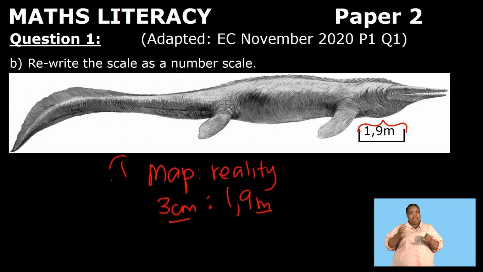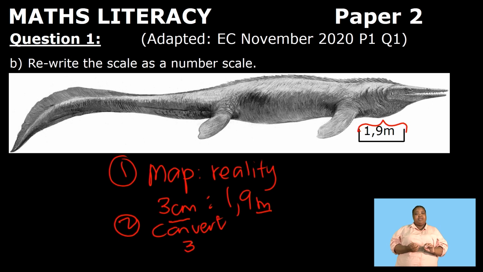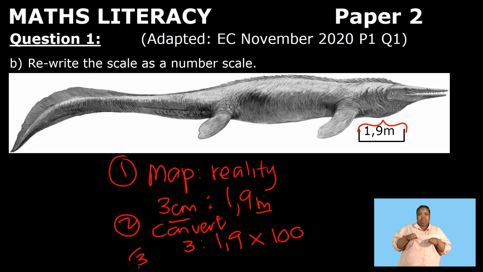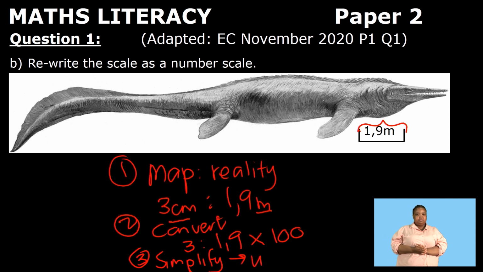So first we're going to write map to reality, then we are going to convert. So it's going to be 3 is to 1,9 times 100 to get it into centimeters, and then it's the same units all round, and then you simplify so that it's a unit ratio. And that is how you will attempt a question like that.